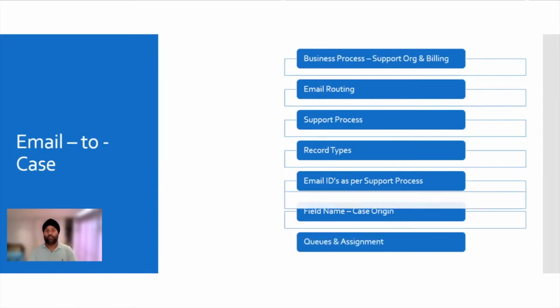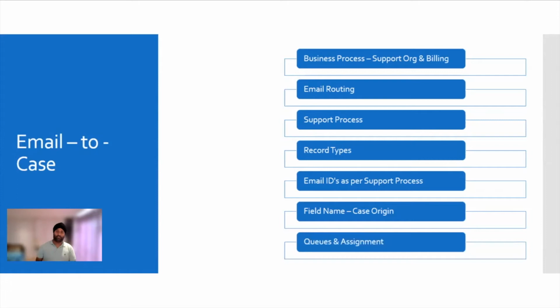The last and final one is queue and assignment. We'll cover the queues and see the basic assignment: how, when somebody externally sends an email to support, it assigns to a queue automatically, and when somebody sends an email to billing, it goes directly to the billing queue.